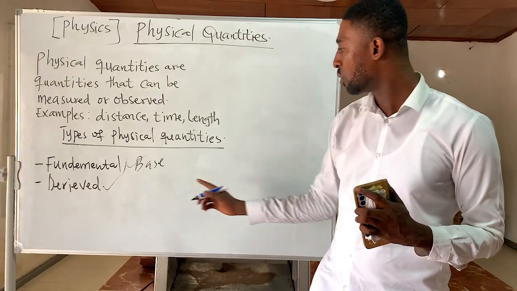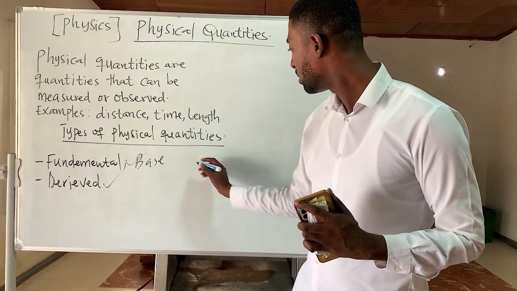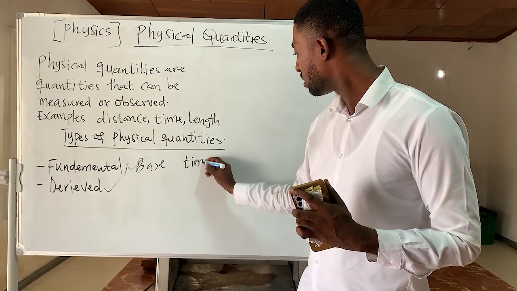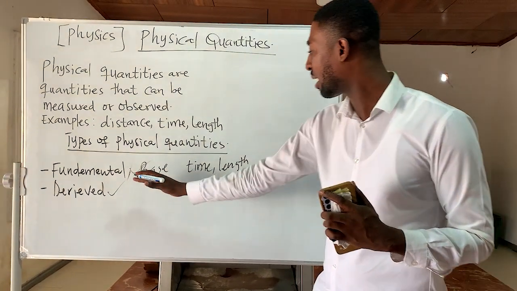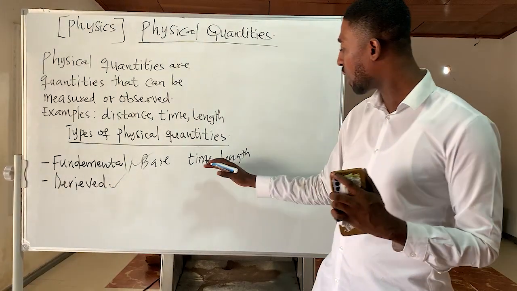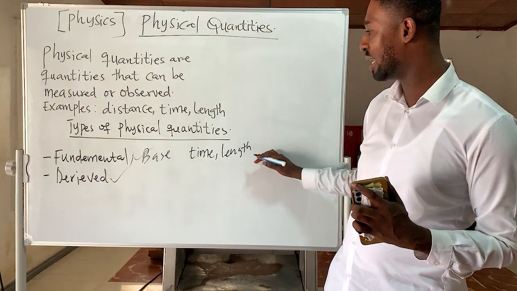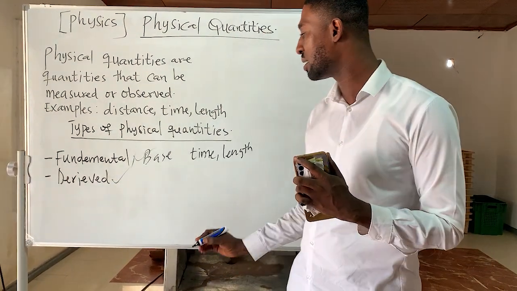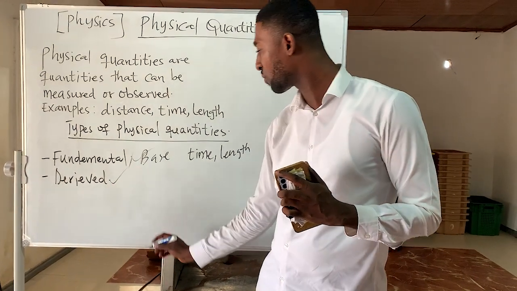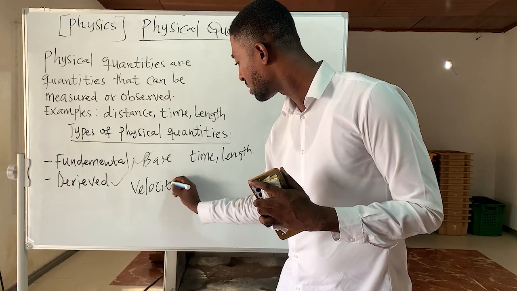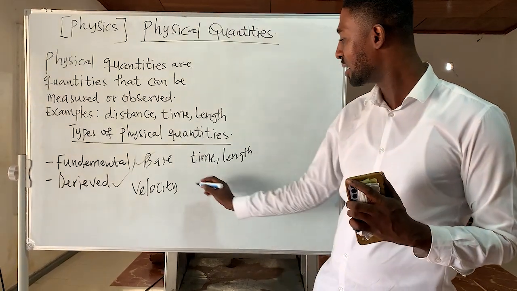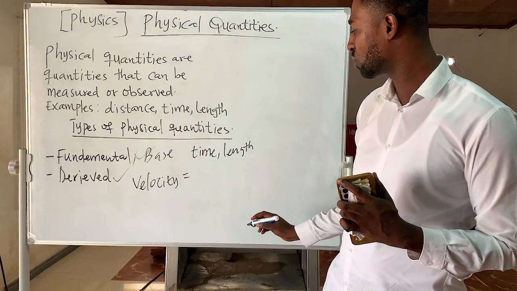For example, time and length are all fundamental quantities. But we can combine time and length to obtain what we call a derived quantity. An example of a derived quantity is velocity. Velocity is a derived quantity, which is change in distance with respect to time.